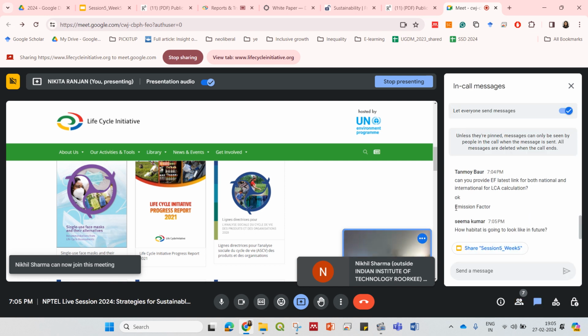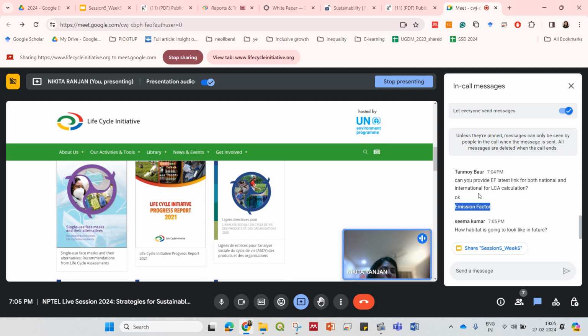Emission factor, which session is this related to? Is this for week 4, Tanmay? No, I just would like to know, as you said, about the LCA study. I just went through some documents.